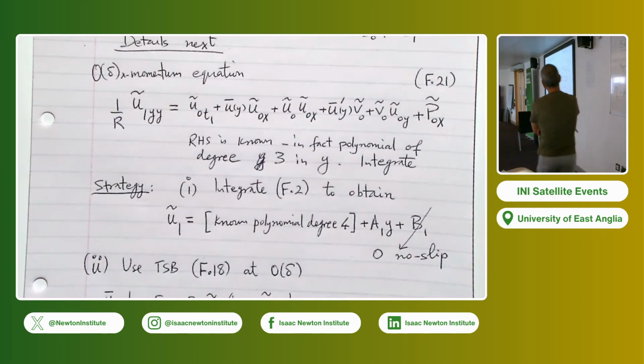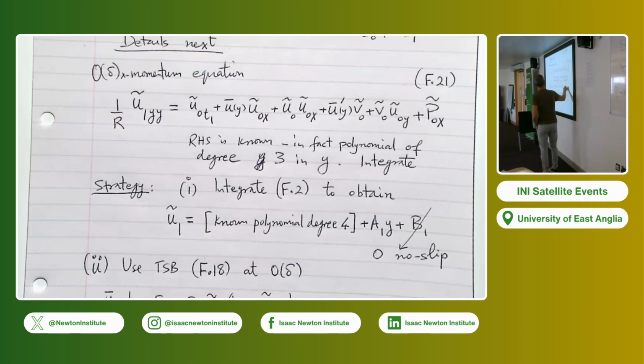Let's go to the next order. You remember the Navier-Stokes equations? It's what we had before. So U1 YY was the delta term, and then equals a bunch of stuff that I know from U0, V0. Here's the right-hand side. The right-hand side is known. It's a polynomial of degree 3 in Y, so I can integrate.